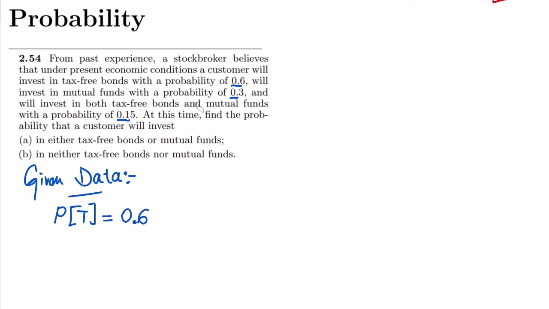Similarly, when investing in mutual funds, let me write it as M, and that is 0.3. So the probability of investment in mutual funds is 0.3, while in tax-free bonds it is 0.6. Similarly, the customer will invest in both tax-free bonds and mutual funds with a probability of 0.15.